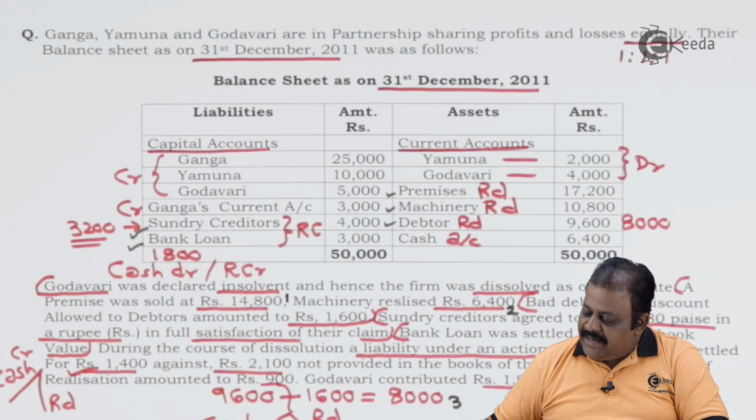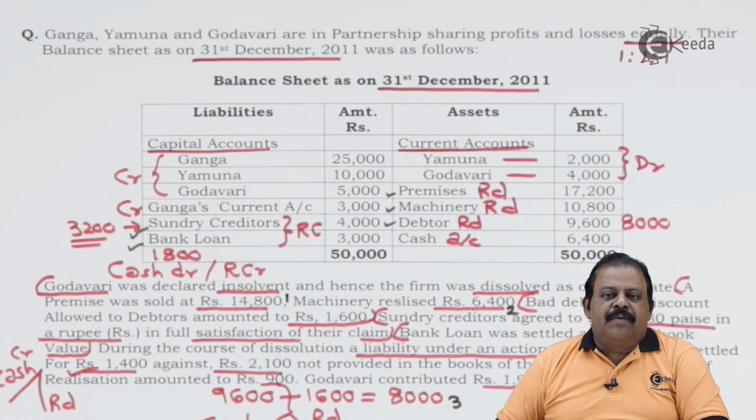Godavari contributed 1,900 from her private property. Amount is received in her insolvency. Cash account will be debited and her capital account will be credited.